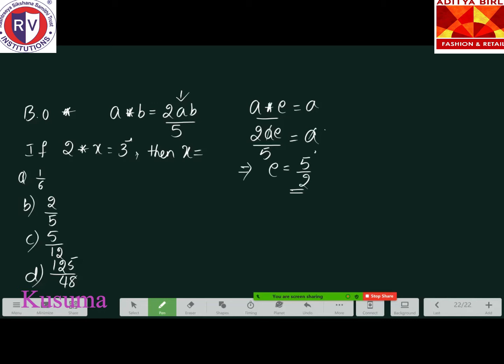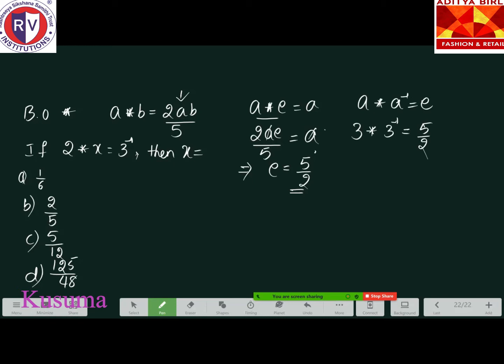So now we know the identity element, and now let us find 3 inverse. Whenever we operate a number with its inverse, we always get the identity element, right? Yes, ma'am. A star A inverse will always give us E. So here we have 3 and 3 inverse, and this will give us E, which is 5 by 2.